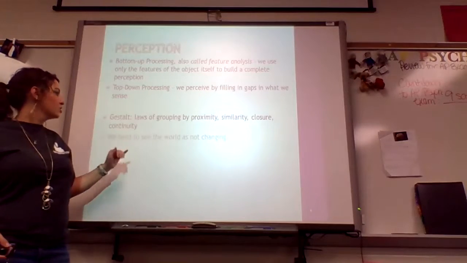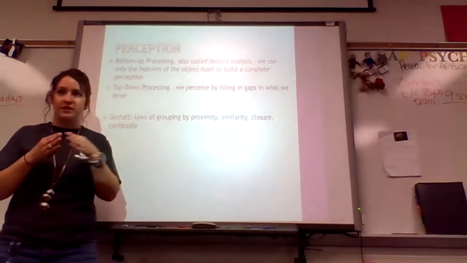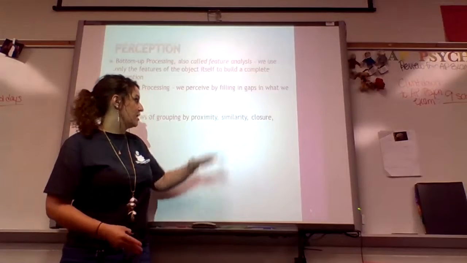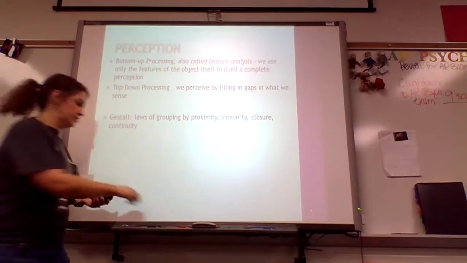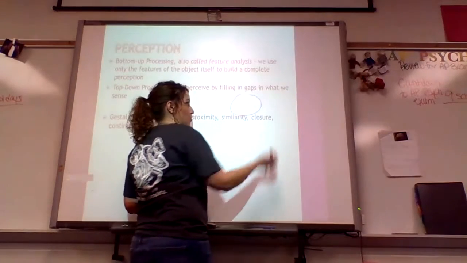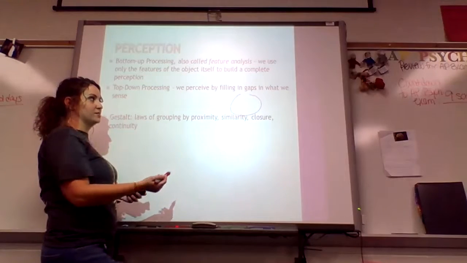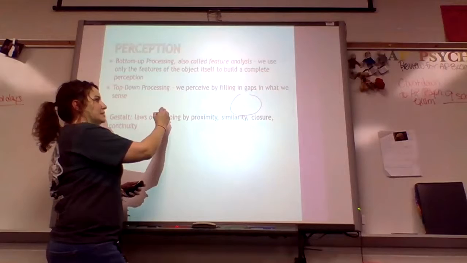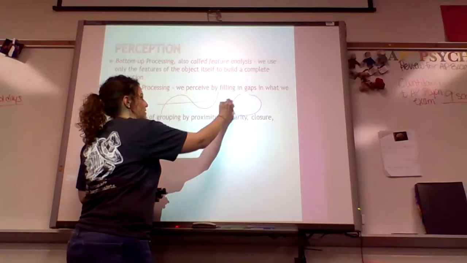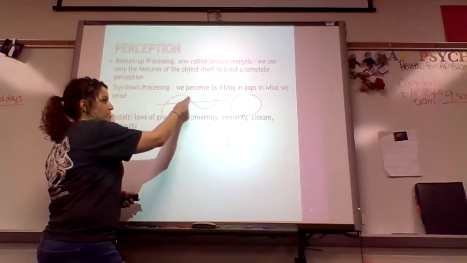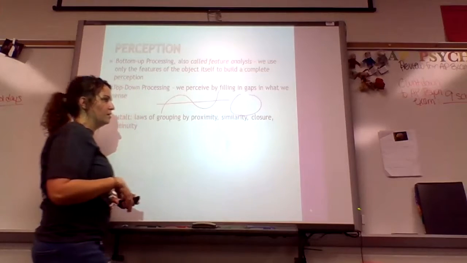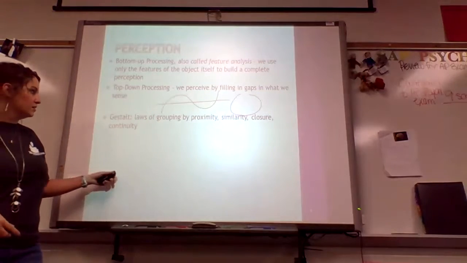And so we see things by proximity: things that are close together, we see them as together. Things that are similar, we see them as together. Closure is like, we see this as a circle, even though it's not. It's a weird U or something. And then continuity means we don't see this as semicircles. We see this as a continuous line with another line intersecting.